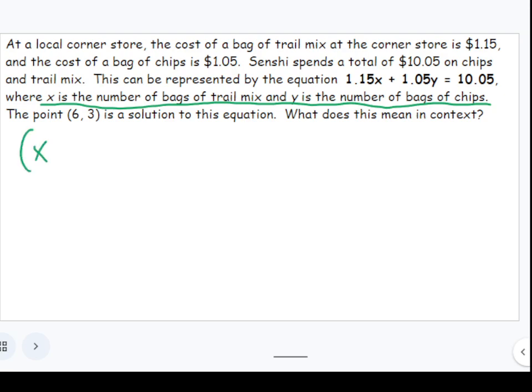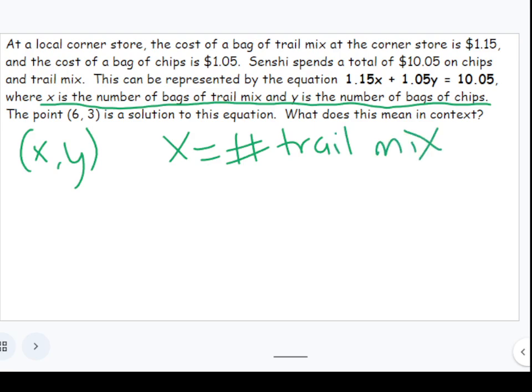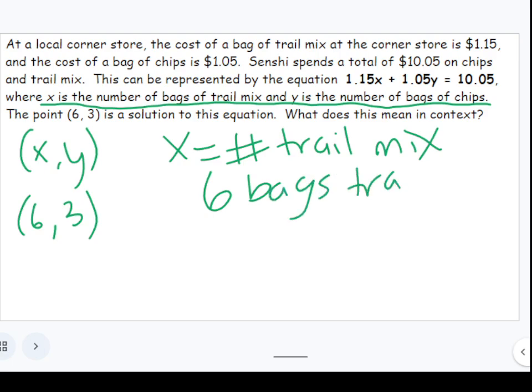So remember, points are x, y. So 6 is our x value, and what does it tell us that x is? X is the number of bags of trail mix. So if we have 6, 3, 6 is our x value, so that means 6 bags of trail mix, because it tells us that x is the number of bags of trail mix, and our x value is 6.